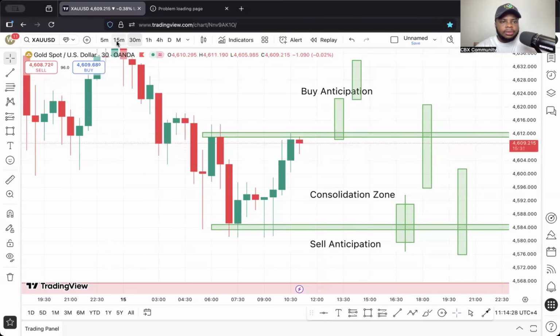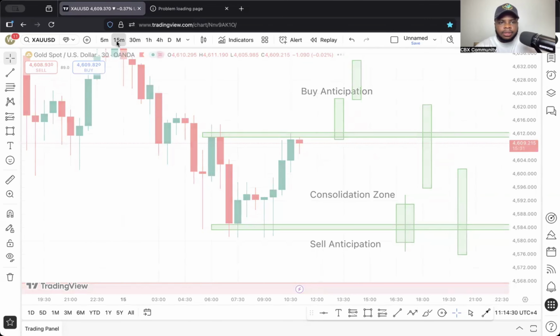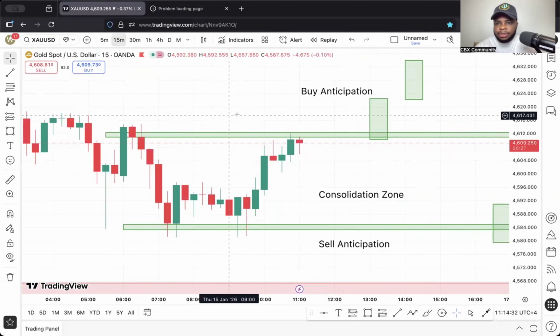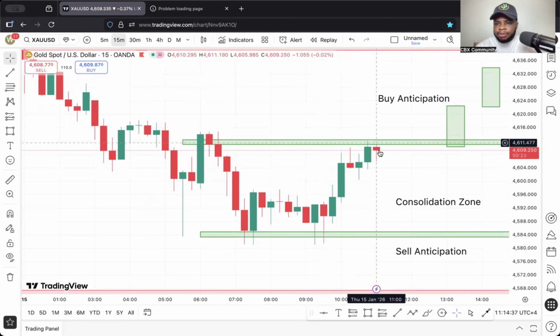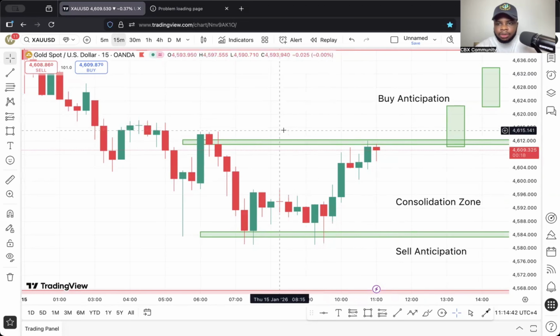Let's see how the 15 minutes candle is saying. The 15 minutes candle is about to close in the next 22 seconds.